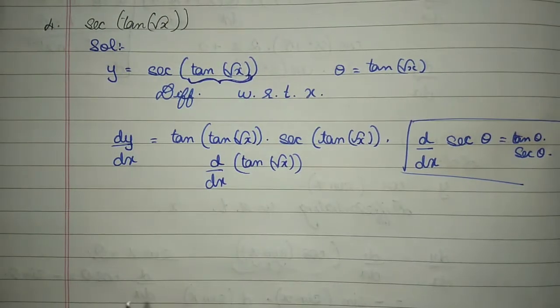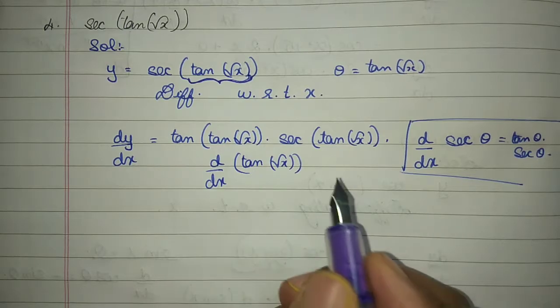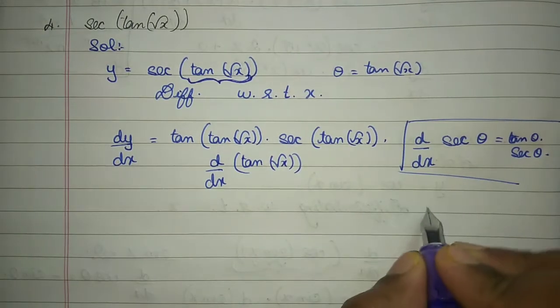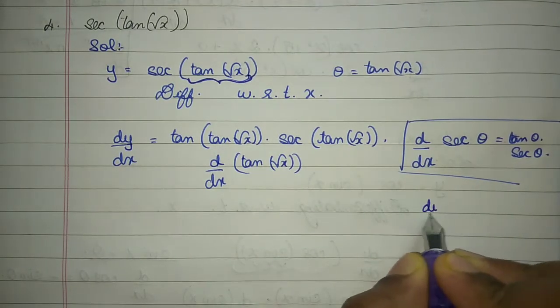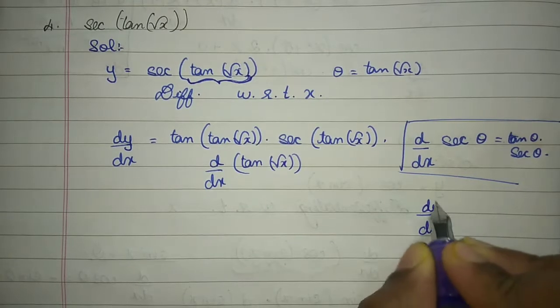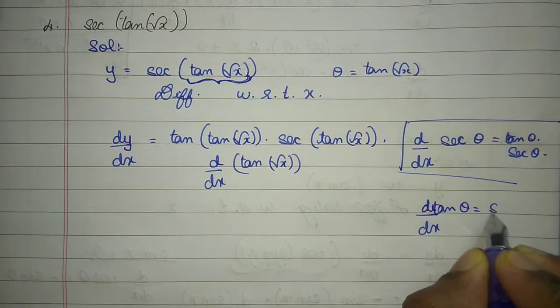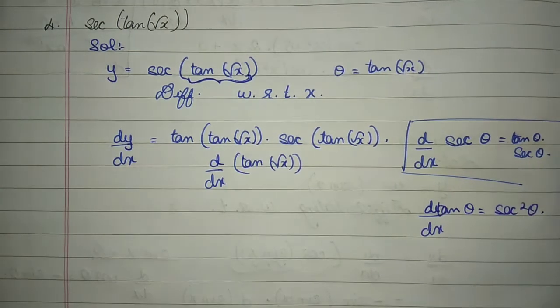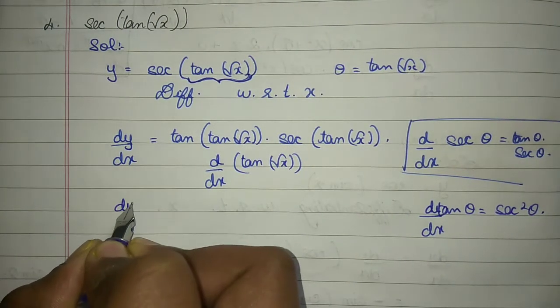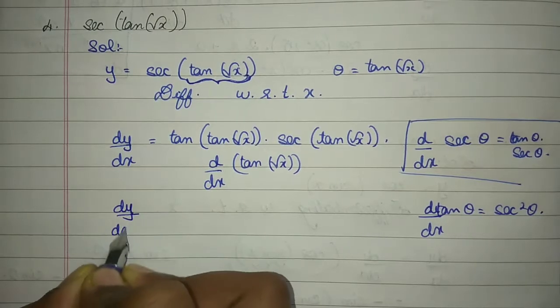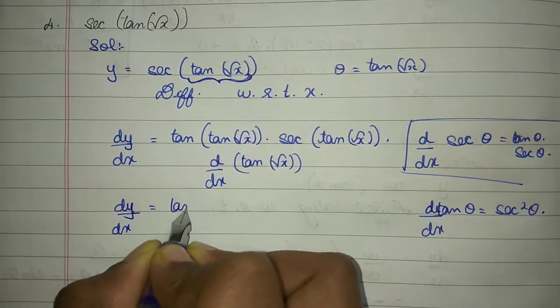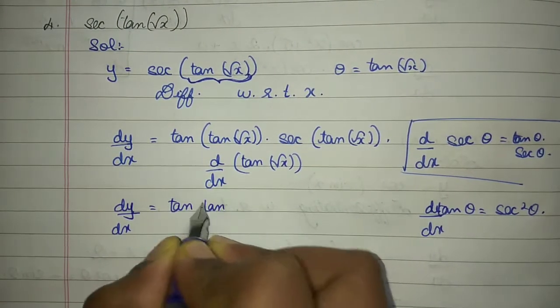So that's what it is named as chain rule. So we know the formula, d by dx of tan theta is equal to secant square theta.